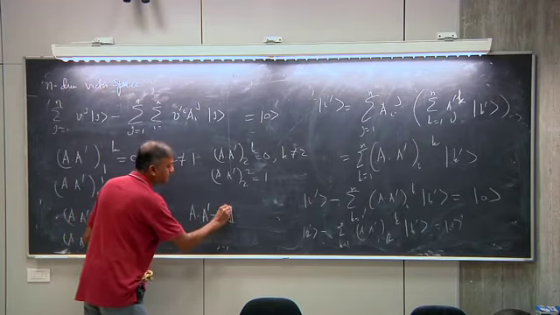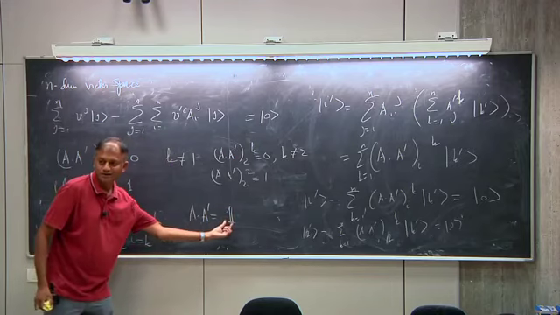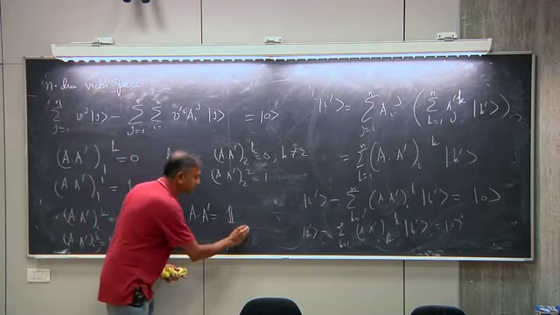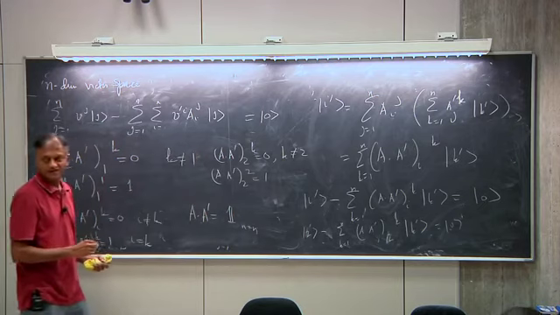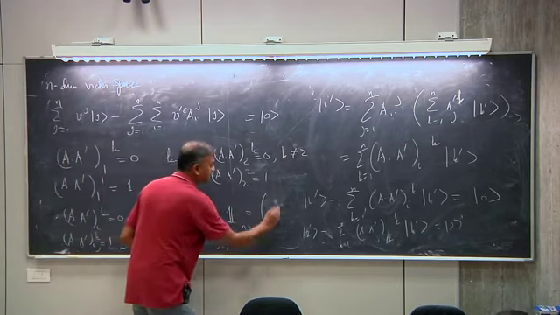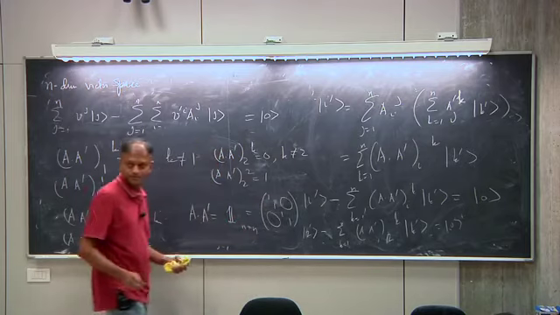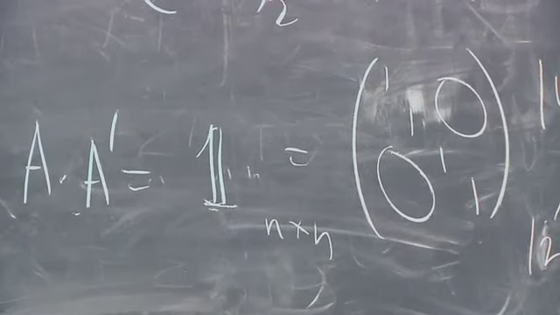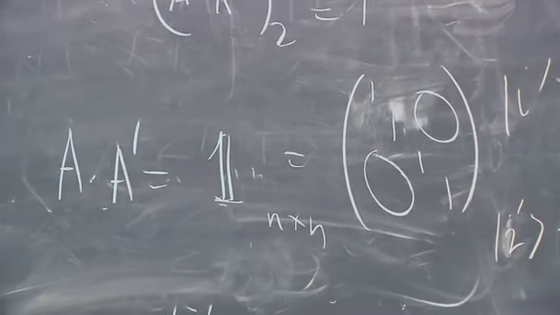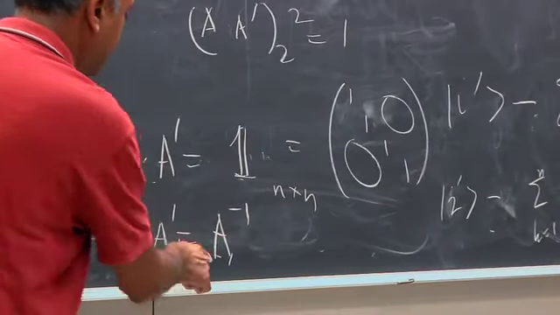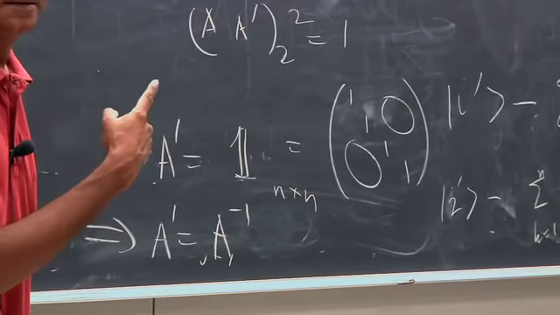I use this kind of block 1 to indicate that this is a matrix, the n cross n identity matrix, which is nothing else but 1 everywhere on the diagonal and 0 everywhere else. That's this matrix, which implies A prime is equal to the inverse of the matrix, inverse in the matrix sense. Okay.